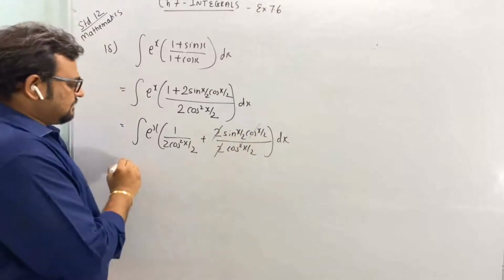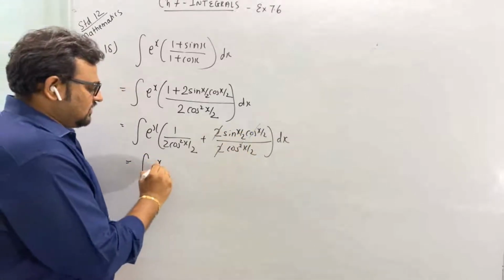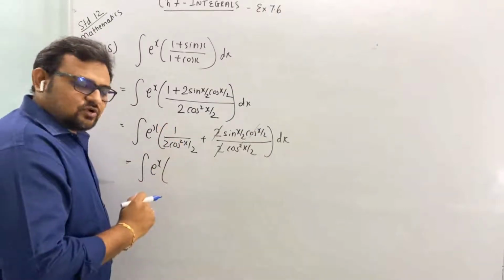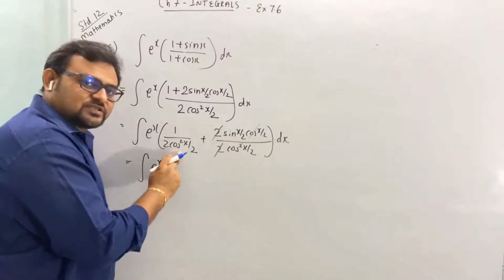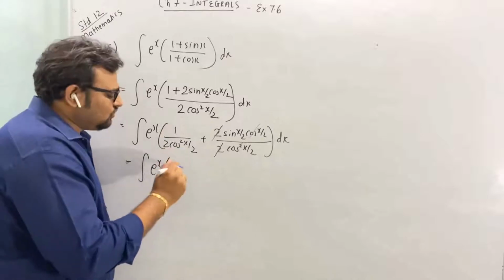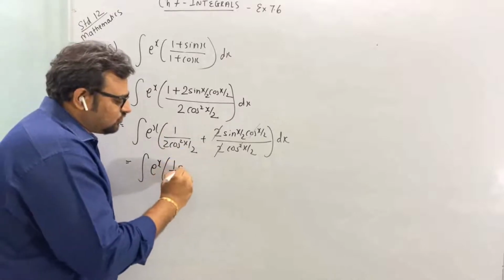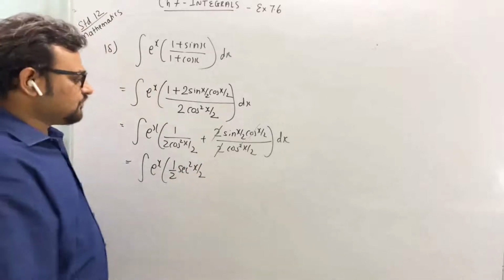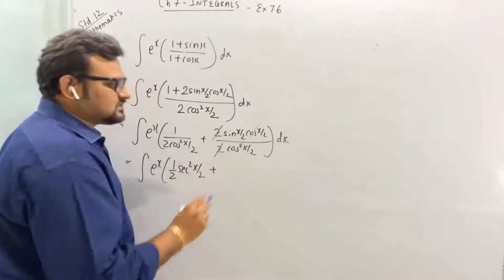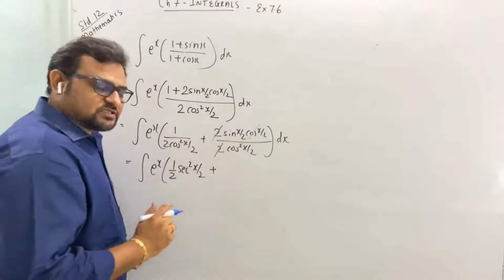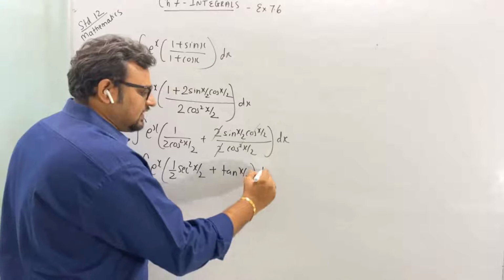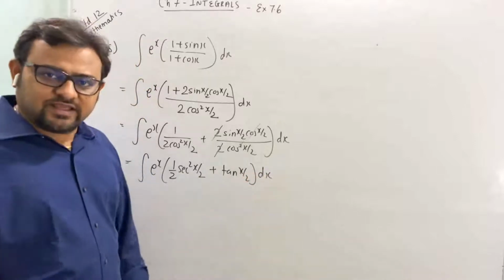Clear? E raised to x, now 1 by 2 cos square x by 2, 1 by cos square is sec square, so it's 1 by 2 sec square x by 2 plus sin x by 2 upon cos x by 2, that is tan x by 2 dx.